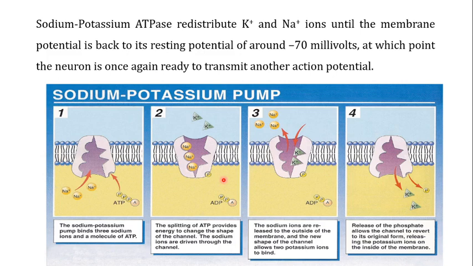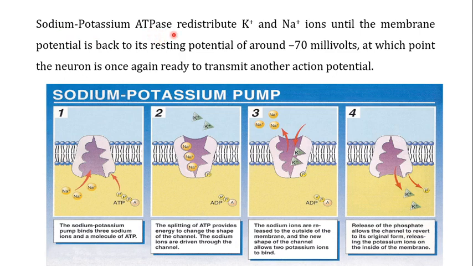Now, this phenomenon is achieved by the sodium-potassium ATPase pump. This pump deals with sodium and potassium, and it is ATPase in nature. What I mean by ATPase, I'll tell you in a while.